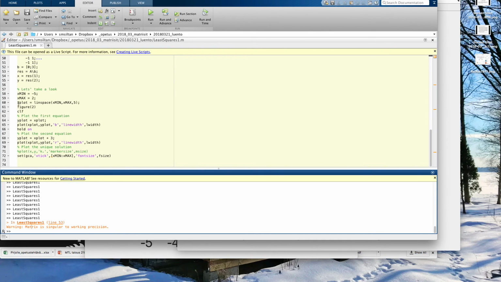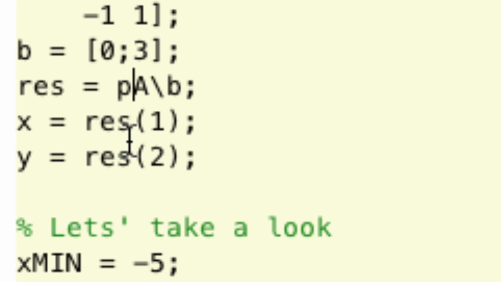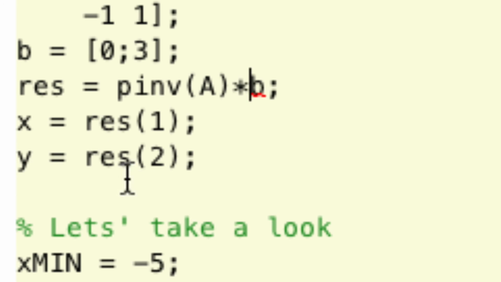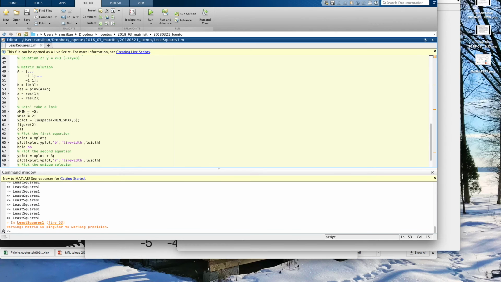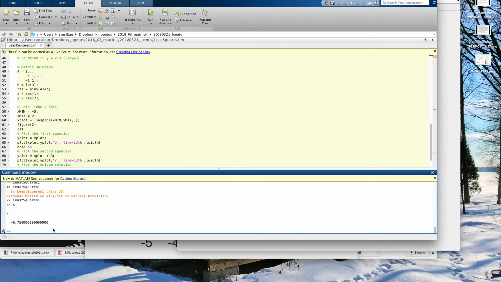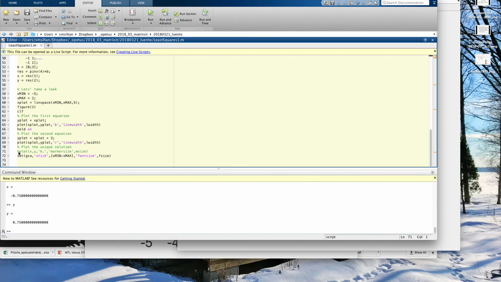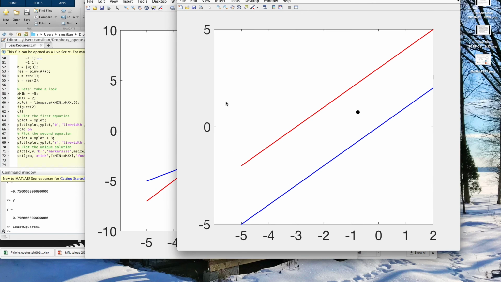So instead of the backslash, let's do the pseudo-inverse of A. Not inverse, but pseudo-inverse. Where is our solution? Come on. Oh, I didn't plot it. I commented it.